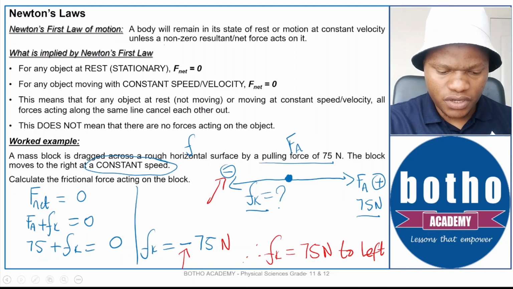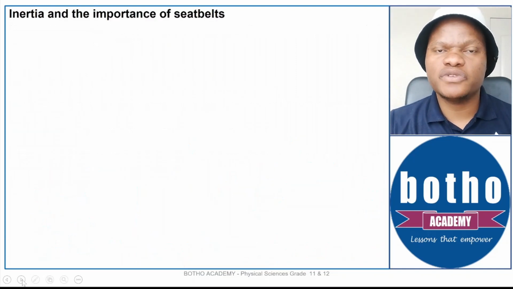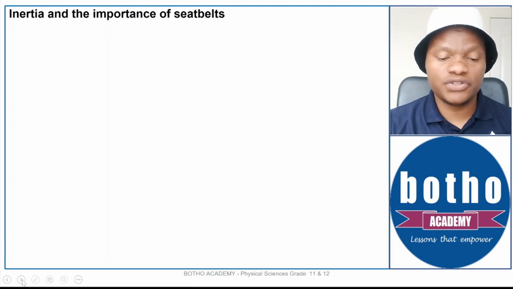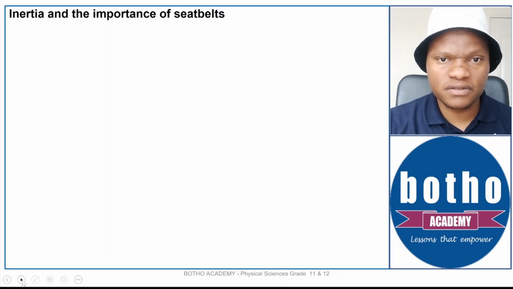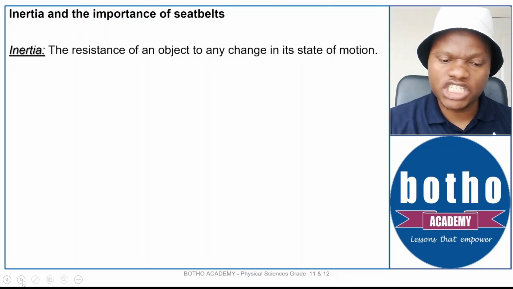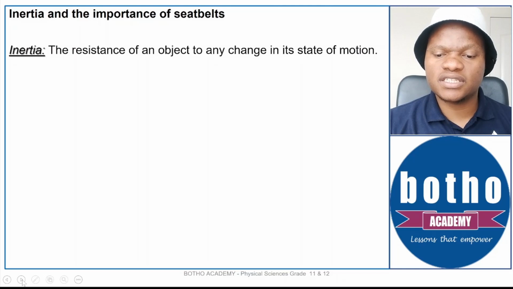Let's move to a little bit of theory now. In your exam guideline, together with the CAPS document, you will see that you have to understand the concept of inertia and the importance of seat belts. Firstly, the exam guide defines inertia as the resistance of an object to any change in its state of motion.